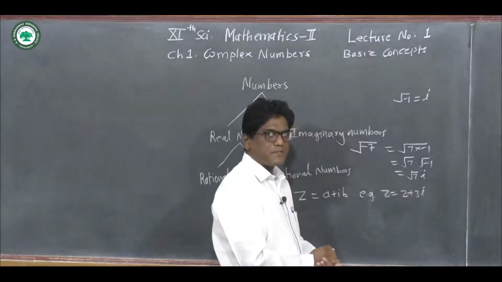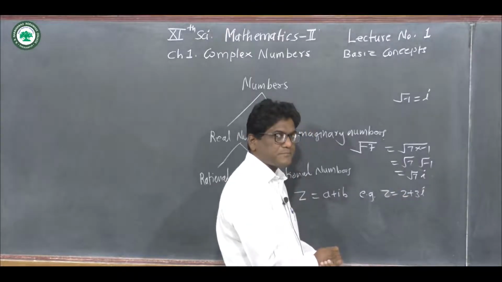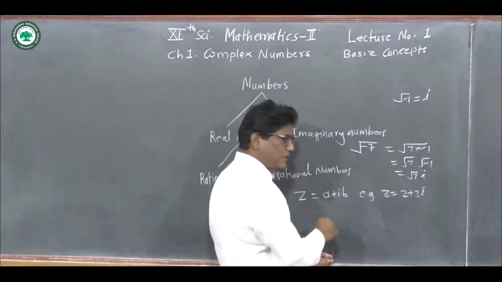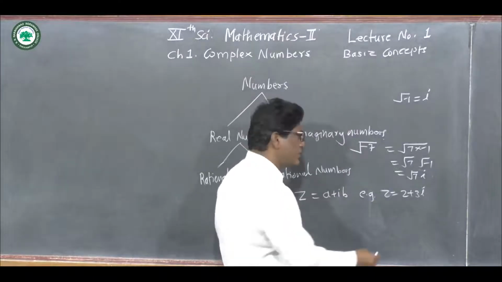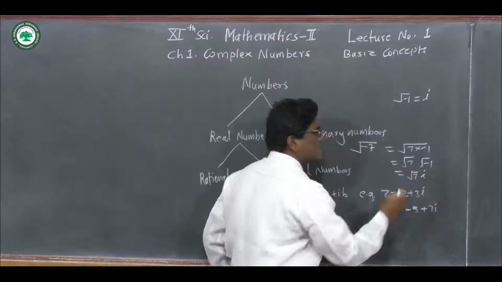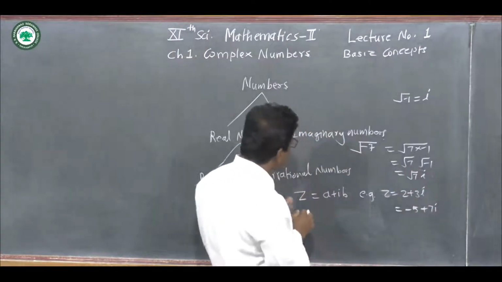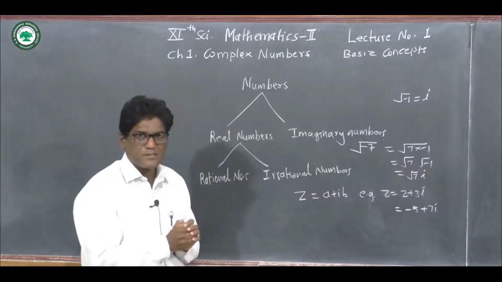This is a complex number. Here 2 and 3 are real numbers, and the complex number is denoted by Z. Or we may take another example, minus 5 plus 7i. This is also a complex number. So this is the basic concept of numbers.